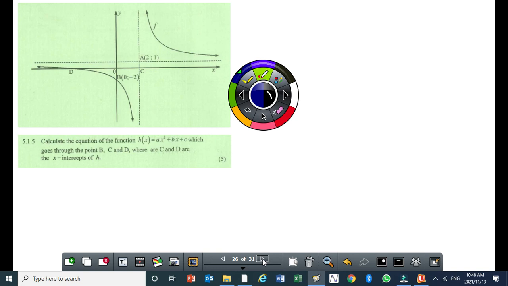So C and D are the x-intercepts of that function. This is interesting. If it passes through point B, that is going to be an extra point on the graph. Our x-intercepts are C and D, which means I can use the x-intercept form, which will be f of x. Okay, let me write it as h of x.